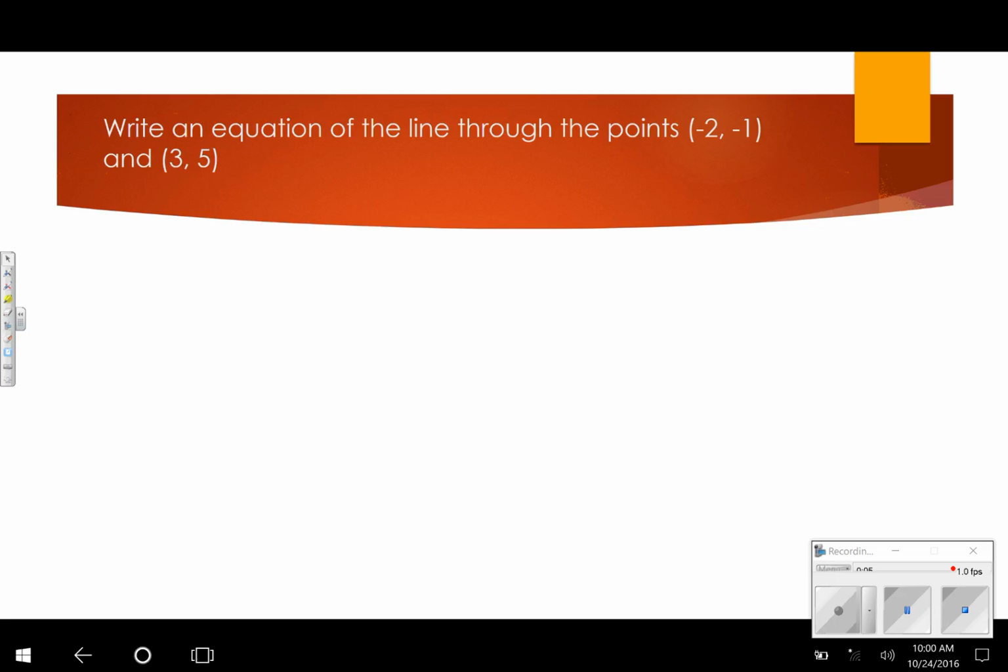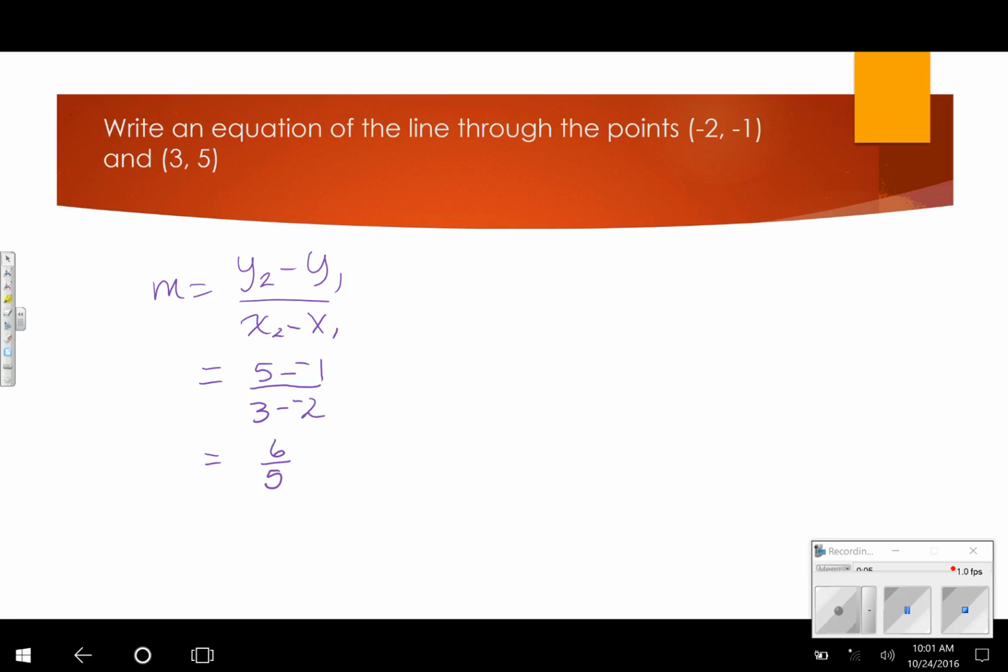All right, now I've got to write an equation of the line passing through these 2 points. So I'm going to find the slope first using the formula, which I'm not going to repeat, because my algebra class is taking a test on it right now. So 5 minus a negative 1 over 3 minus a negative 2 is going to give me 6/5 as a slope.